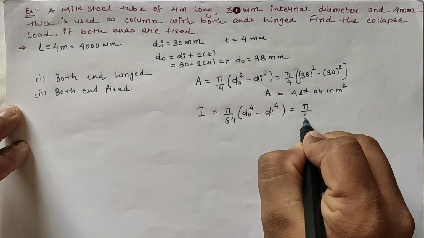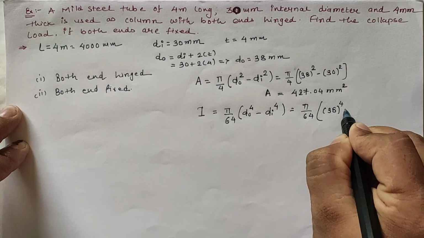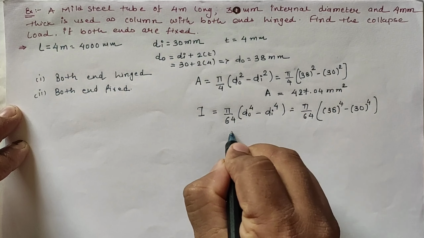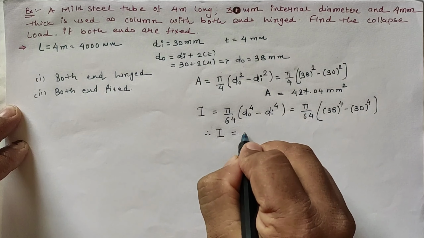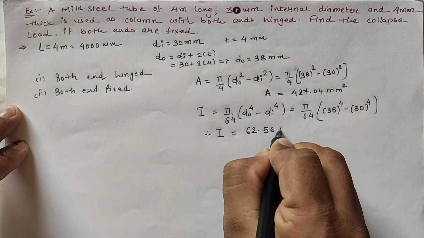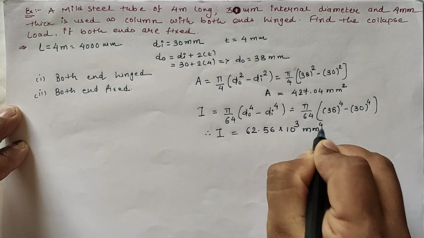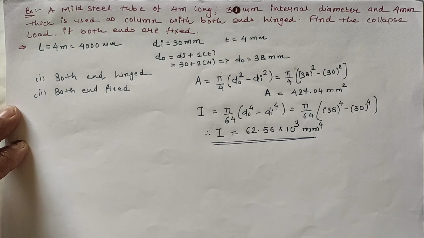Putting up values, outer diameter as 38 mm, inner diameter as 30 mm, our moment of inertia for the given tube is 62.56 into 10 raised to 3 in terms of mm raised to 4.